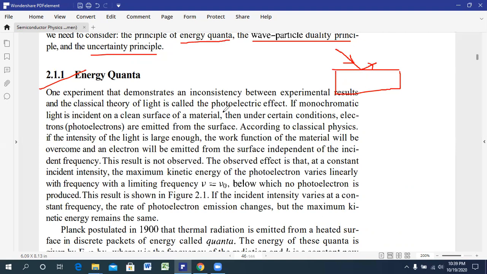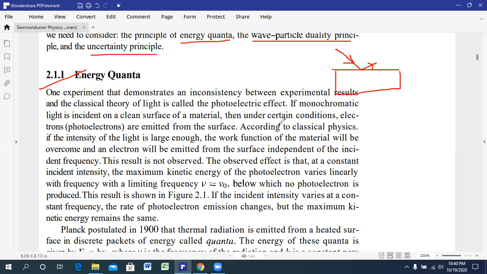Now how does it actually work? Whenever monochromatic light falls on the surface, we have some free electrons on the surface. It requires some energy to remove or shift an electron from the surface.